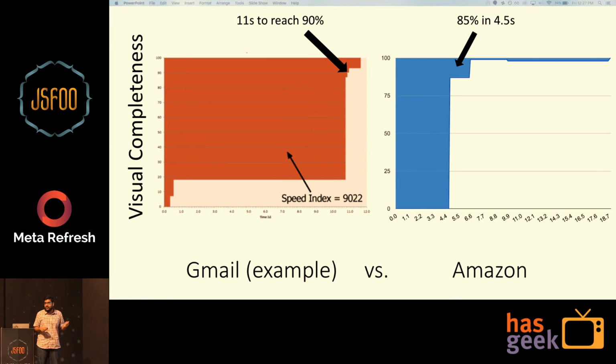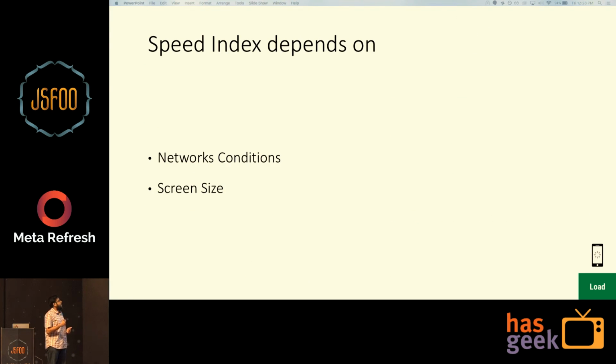So what you do is you plot the visual completeness of your website on a graph. Over here on the x-axis we have time, on the y-axis we have visual completeness. With Gmail, you saw that initially there was some white space.